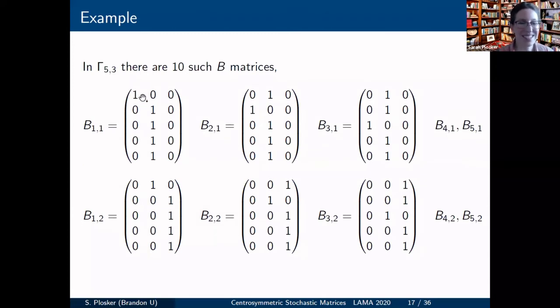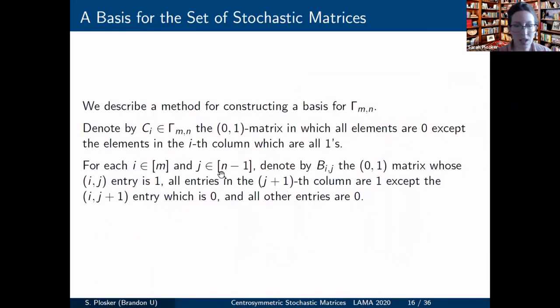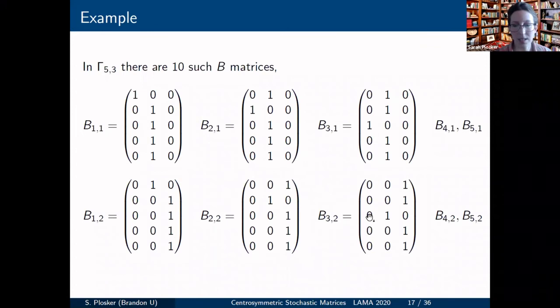All that means is where that 1 is in the ijth entry, you have a 0 in that j plus 1th column, and all the other entries are 1. Here we have a 1, so we have a 0 in the next spot over, and then 1s in all the other entries. This only goes up to j equals n minus 1 because we're not cycling back.